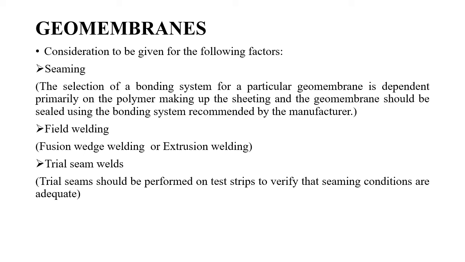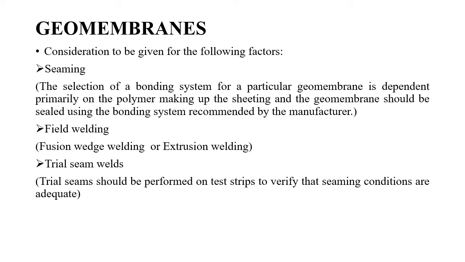It can be bonding by means of a thermal process like extrusion or fusion, or it can be by means of a chemical process, either chemical fusion or by means of various adhesives. The thermal and adhesive methods have the same requirements: both methods require a clean bonding surface, pressure and time to produce high quality seams.